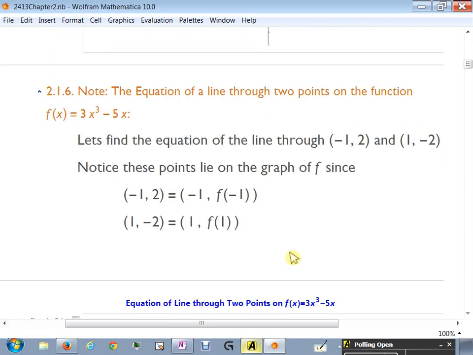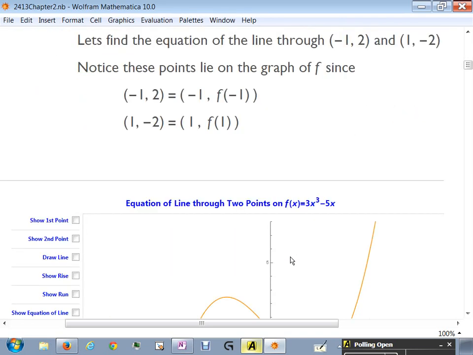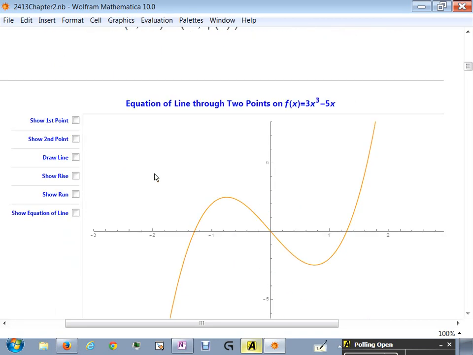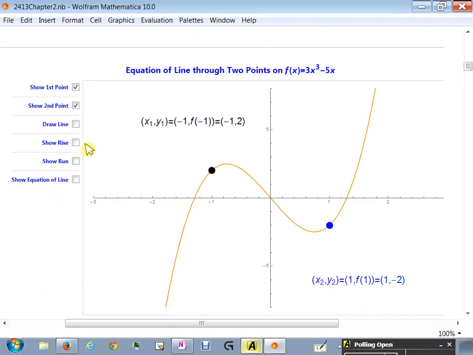So now what we're going to do is we're going to look at a graph right here, specifically 3x cubed minus 5x. We're going to find the equation of the line through these 2 points, -1, 2, and 1, -2. So visually, I have this point, -1, 2. I have this point, 1, -2.